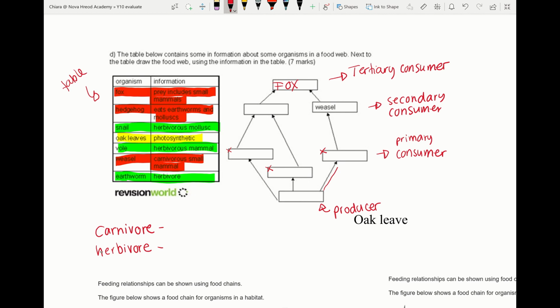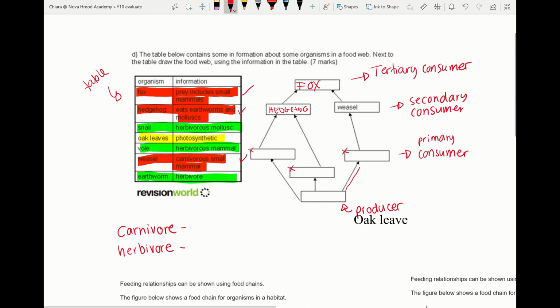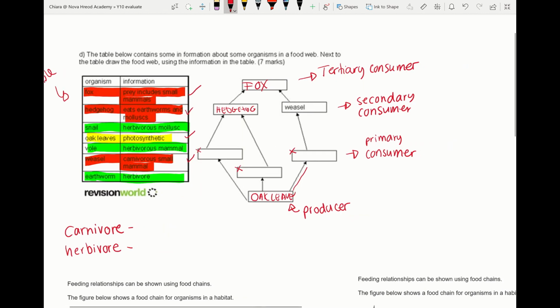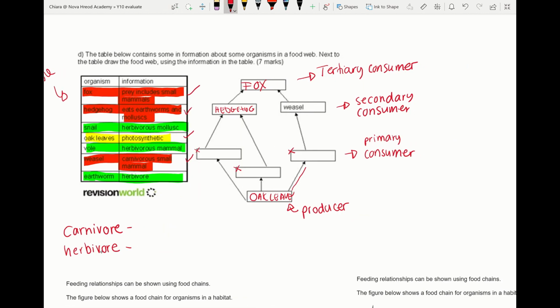The fox will prey on the weasel and one more organism, which will only leave us with the hedgehog, because that's the only other carnivore on here. And of course, now looking at it, I forgot to include the oak leaves. So now the question is, how do we order the last three primary consumers?